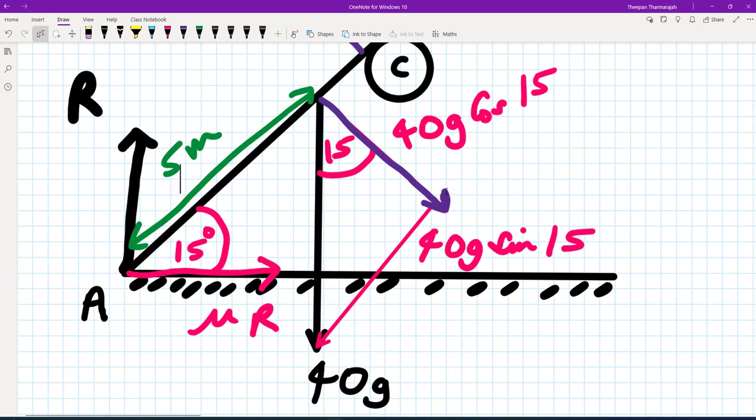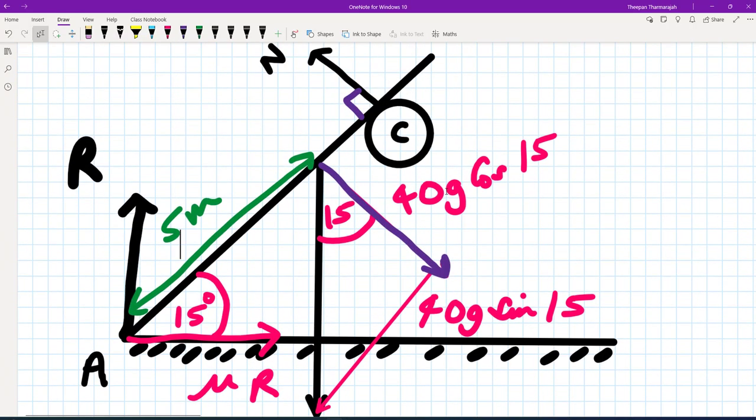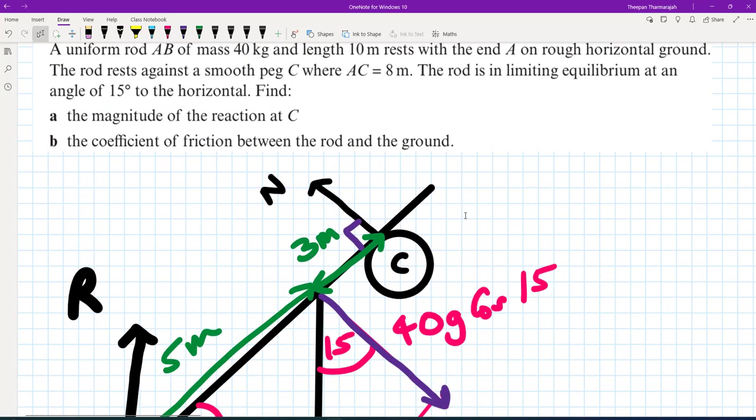But AC is 8 meters, meaning the distance here must be 3 meters. So let's mark that in. So 5 plus 3 is definitely 8. So because it's 10 altogether, that implies the last part here is 2 meters. So we've been told that this is point B.